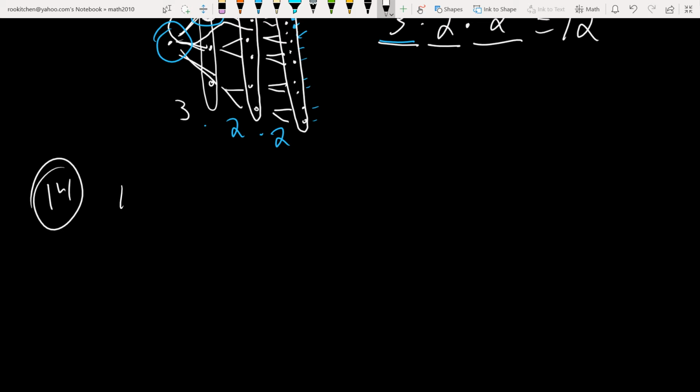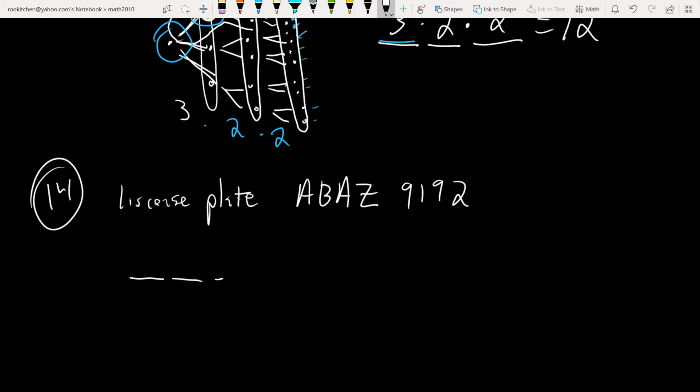So it's a license plate with 4 letters, like A, B, A, Z, and then followed by 3 numbers, like 9, 1, 9, 2. You're allowed to repeat numbers. So you have 4 choices for the letters, and only 3 digits, so 919.